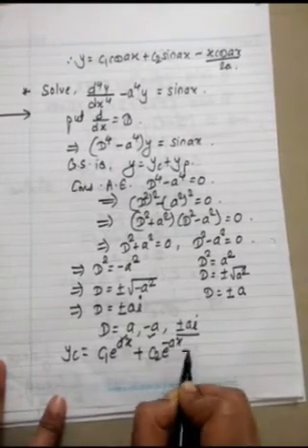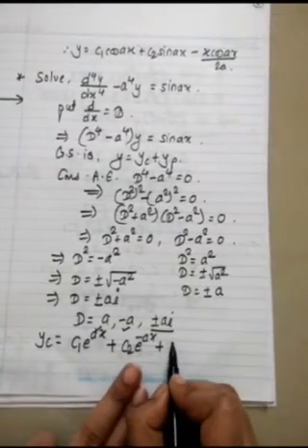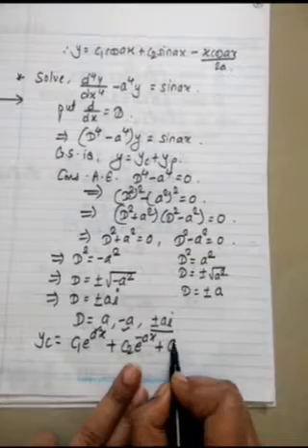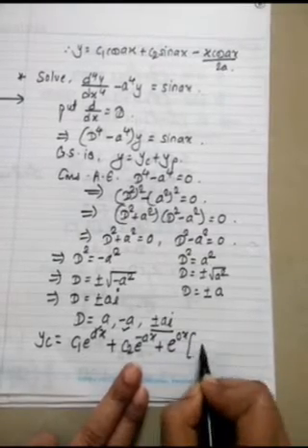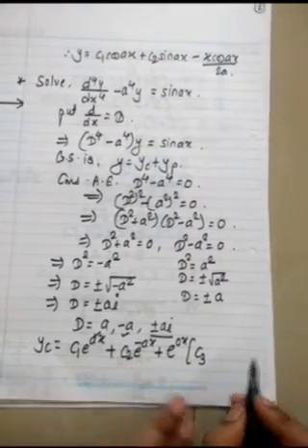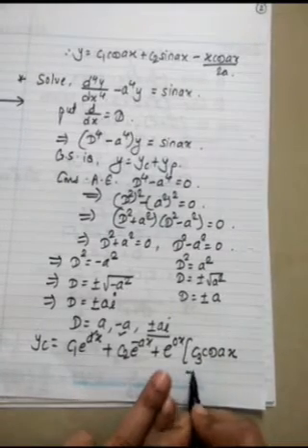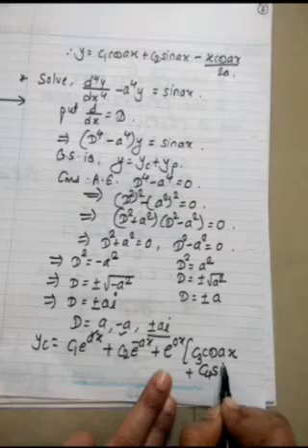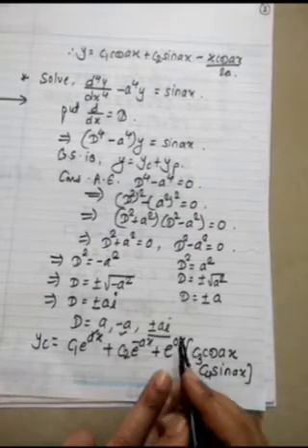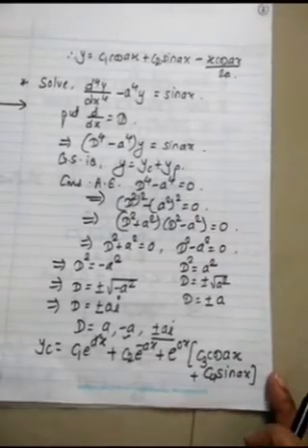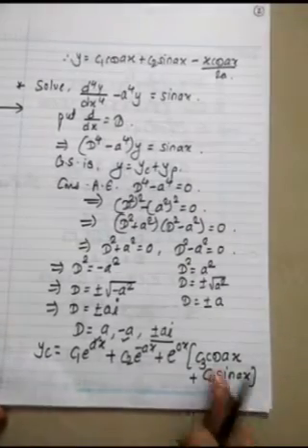For the imaginary roots, the e raised to 0x term is 1, so it's okay that we are not writing that term. We can directly write C3 cos ax plus C4 sin ax.